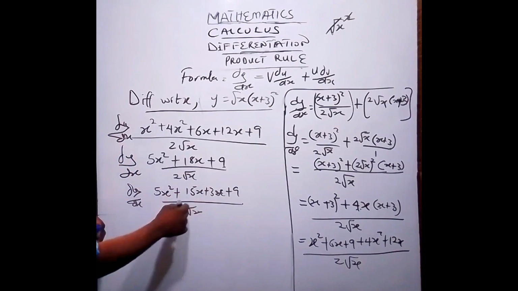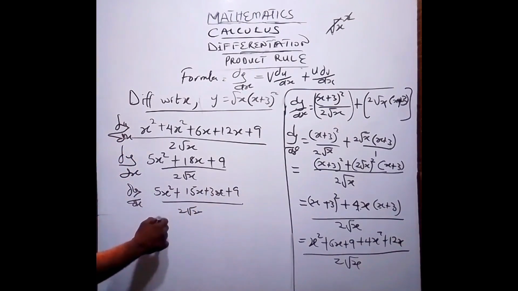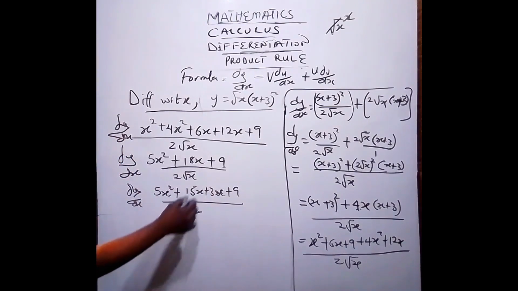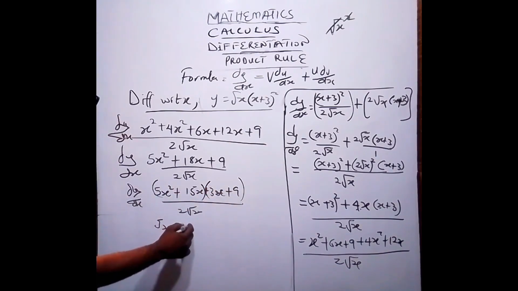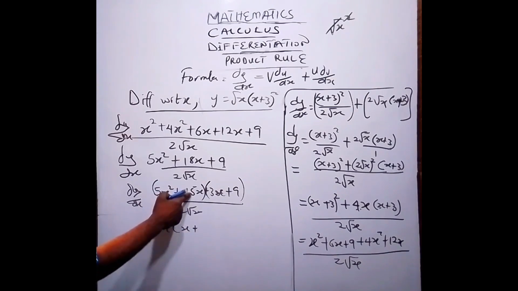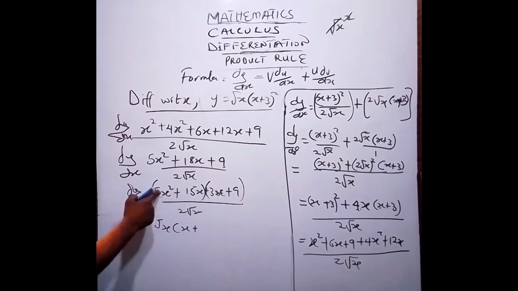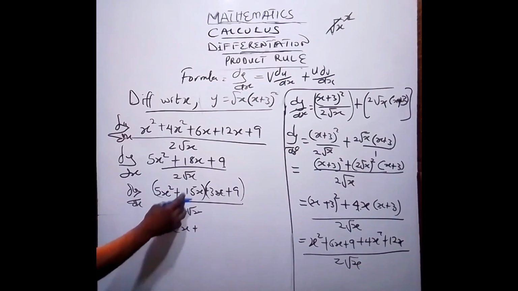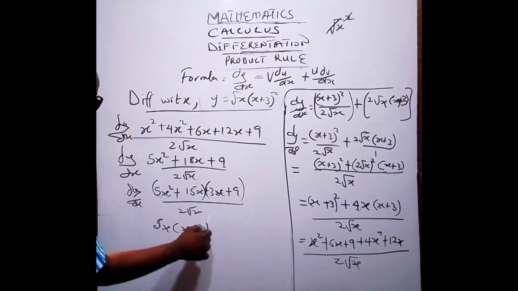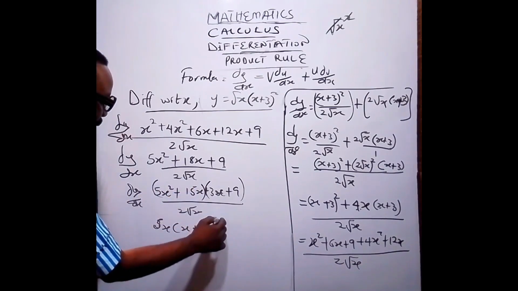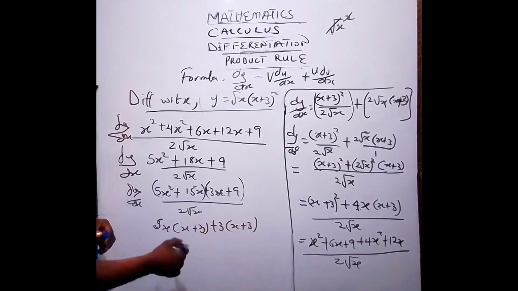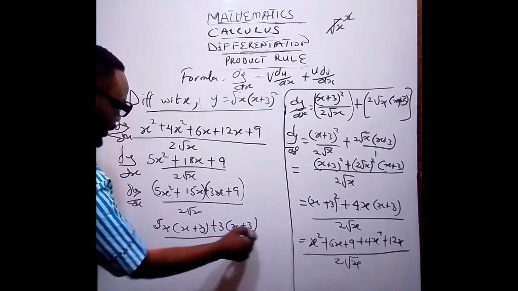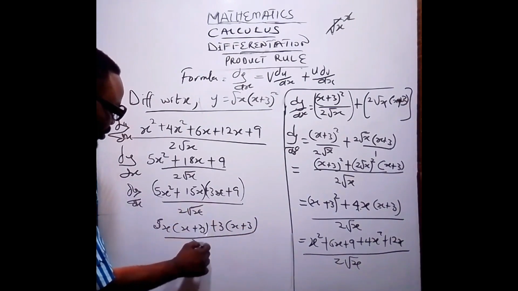So which we are going to have 5x into bracket, I take it in two parts now. 5x into bracket x plus, can 5 go here? No. What can go between the two of them is 5x into bracket 5x plus 3, then plus 3 into bracket x plus 3, all over 2 root x.